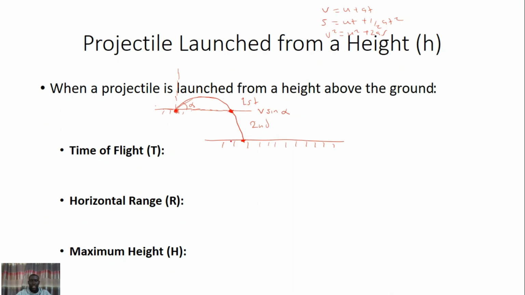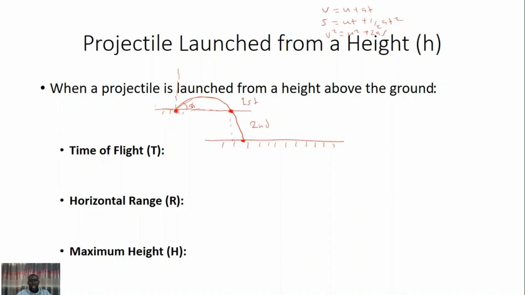We are taking care of the vertical components. The initial velocity with which it was thrown here along the vertical axis will be the same initial velocity that it has here along the vertical axis.